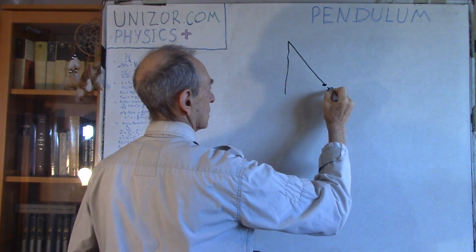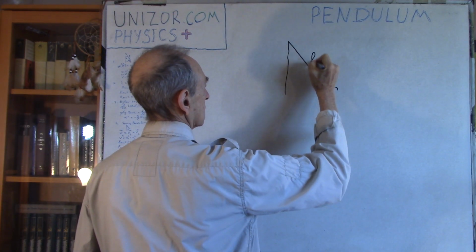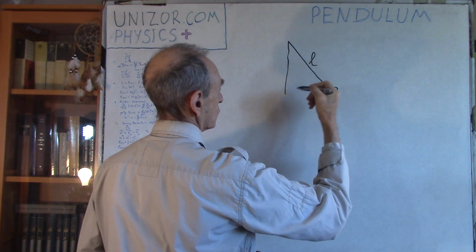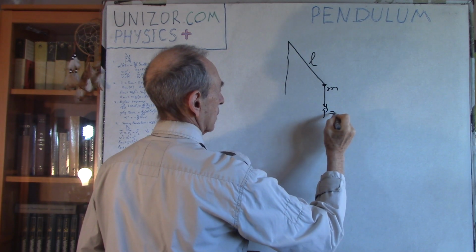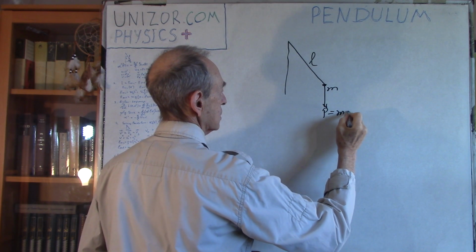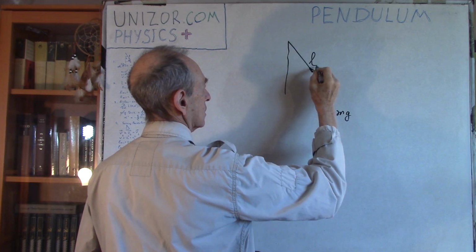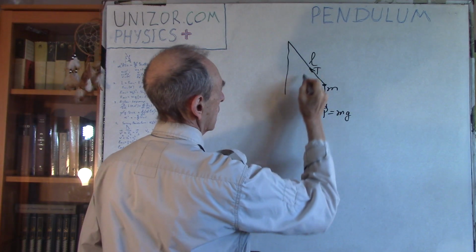There is an object of certain mass, and let's say the length of this thread is L. There are two forces: the weight, which is mg, and the tension of the thread.